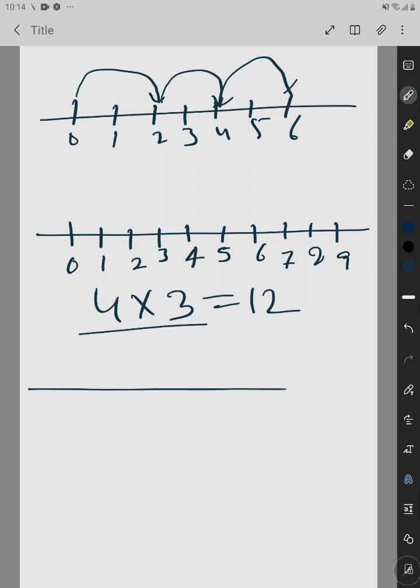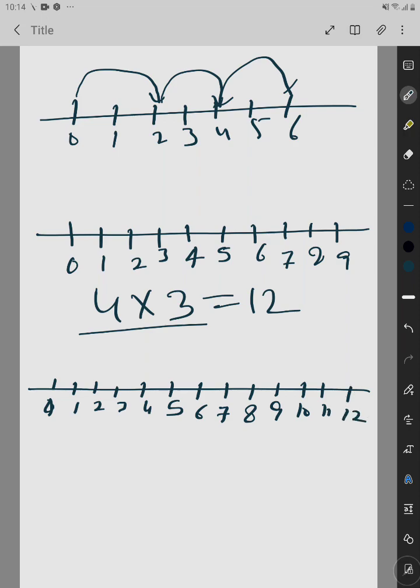So we make a number line again: 0, 1, 2, 3, 4, 5, 6, 7, 8, 9, 10, 11, 12, okay.